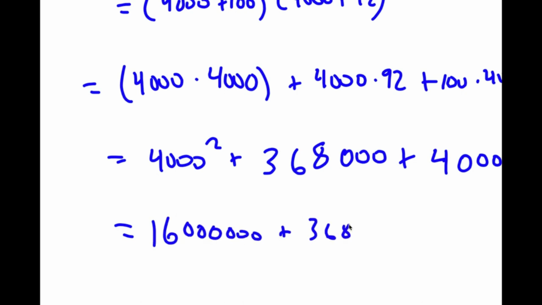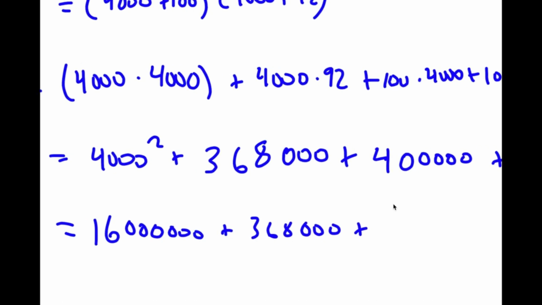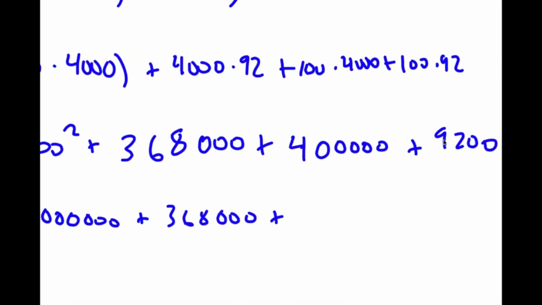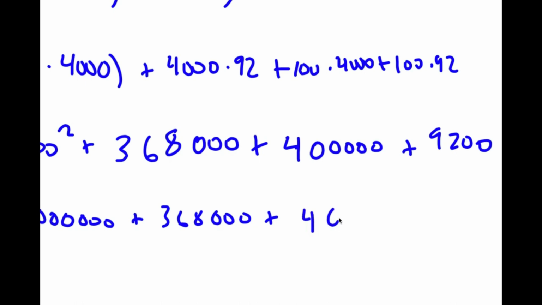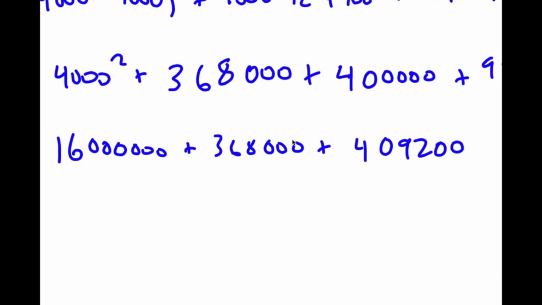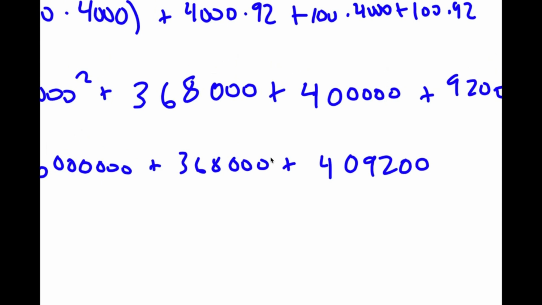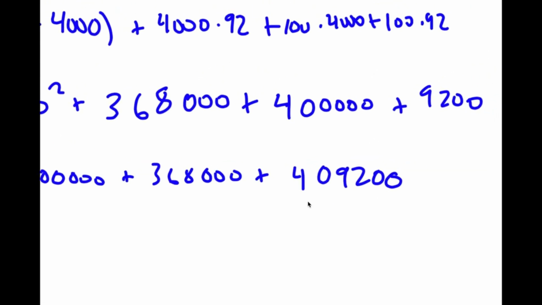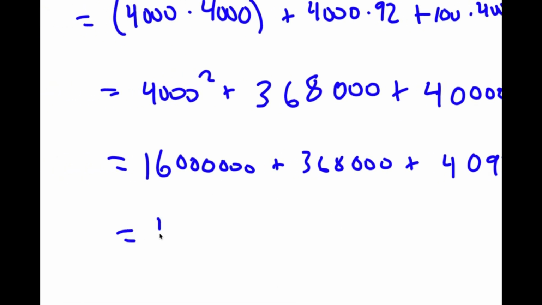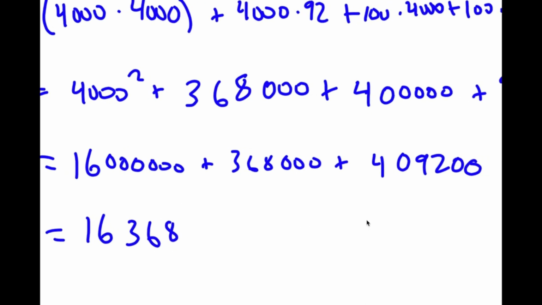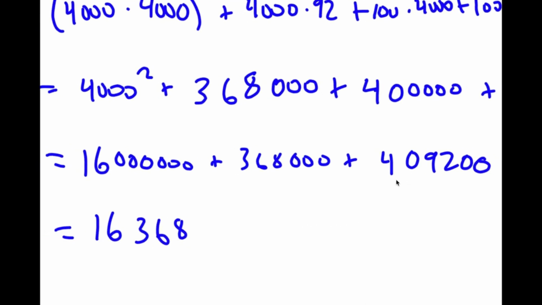So I have this plus 368,000 plus 400,000 plus 9,200, sorry, 409,200. So now I have 16 million plus 368,000, which is 16,368,000, but I have plus 409,200.